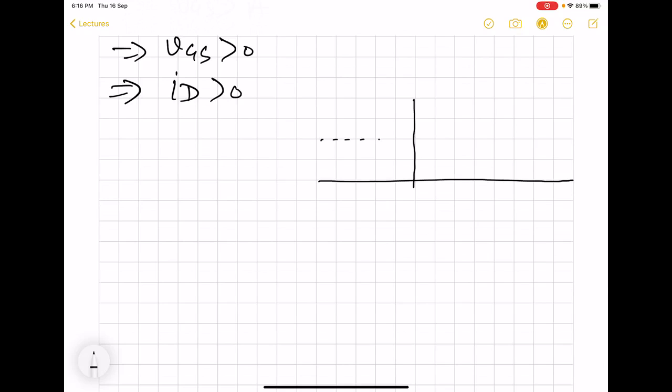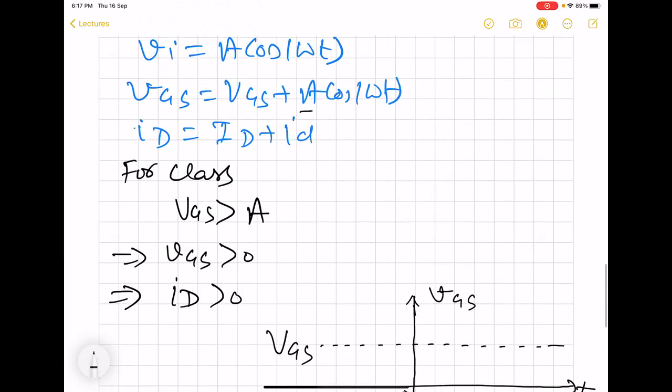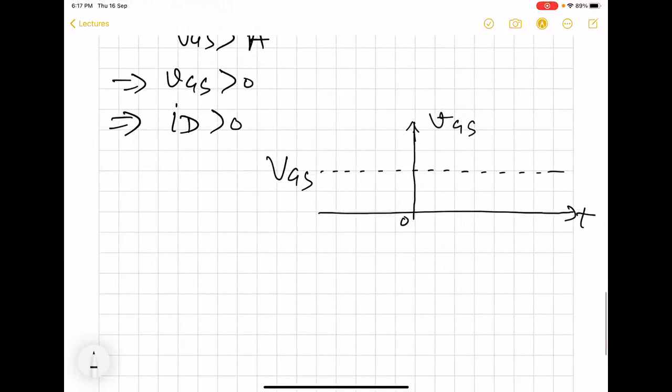So let us assume this is the bias gate to source voltage, and what we are plotting here is total gate to source voltage, and this is the zero line, this is time axis. So on this gate to source, we will have a time varying cosine function oscillating about this line.